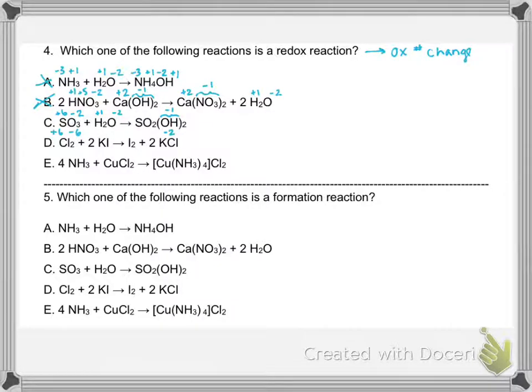Then we have the oxygens here, so I'll give those -2. Both of those will contribute a total of -4. So our sulfur must be +6 to make the molecule neutral. We can see there nothing changed again, so that is not a redox reaction either.